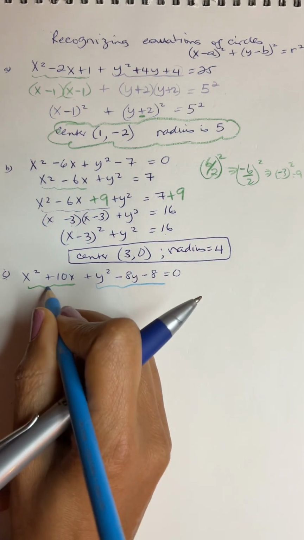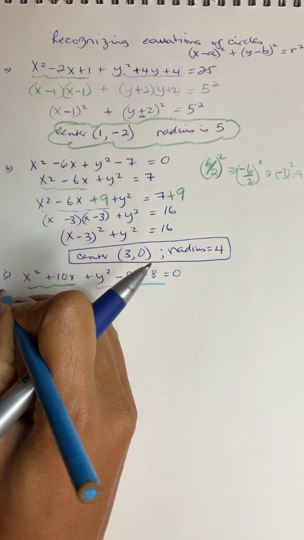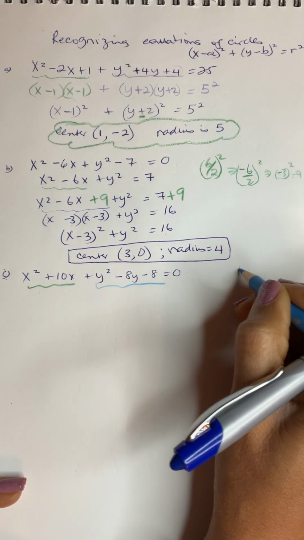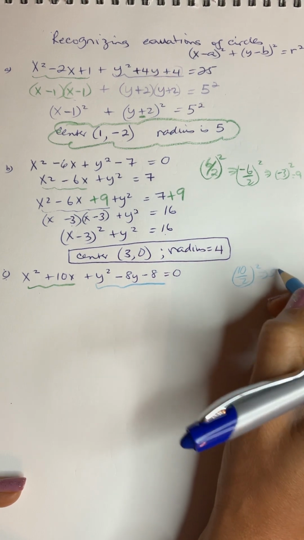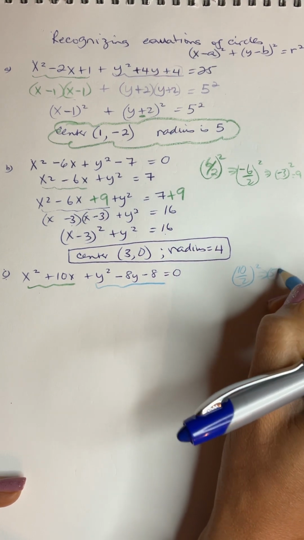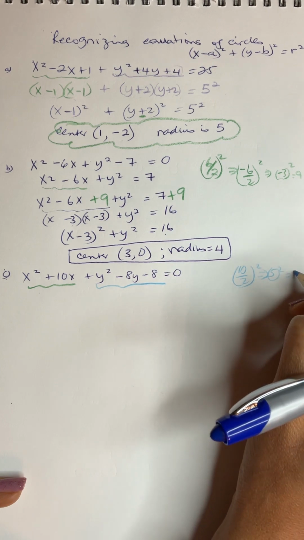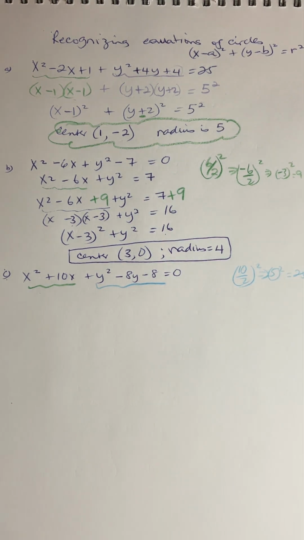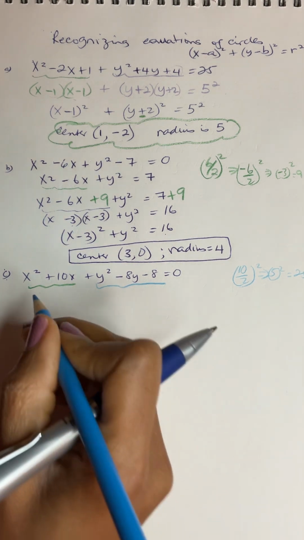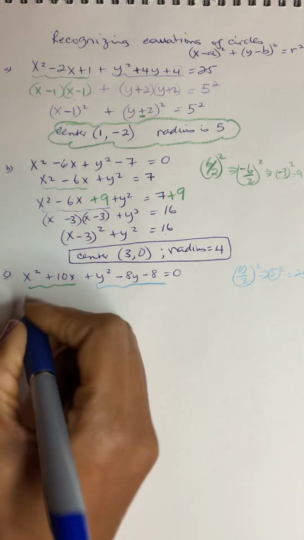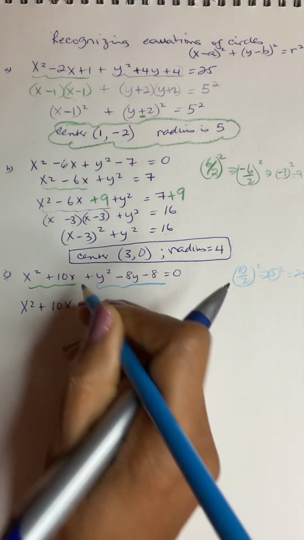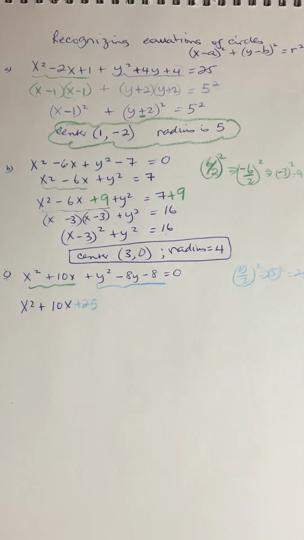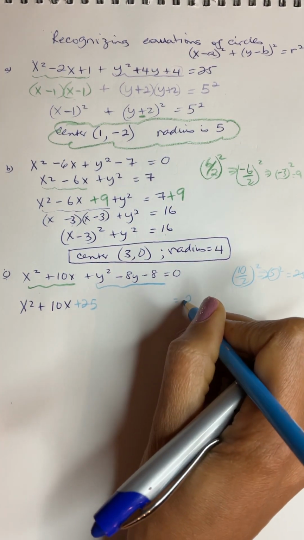So with this we are going to take your 10, and 10 will be divided by 2 raised to the second power. So 5 raised to the second power is going to be 25. All right, so I'm going to rewrite it with that. So I'm going to have my x squared plus 10x plus 25, because whatever I add on one side, I must add on the other side. So I'm going to put here equals 25.